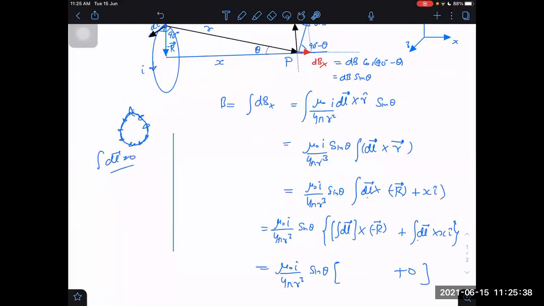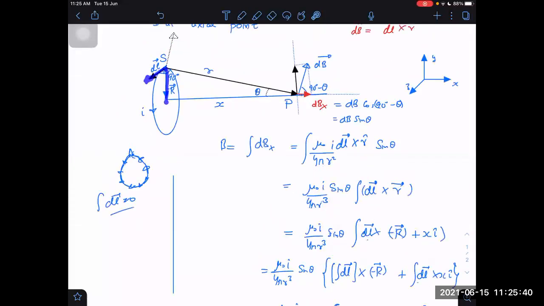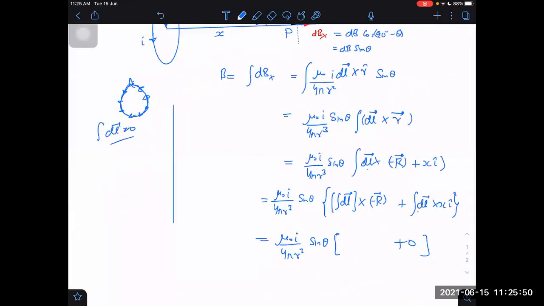Yes, sir. dl vector cross minus R, this is a 90-degree angle. If I take a turn from here to this side, it will be pointing along i cap only. So it is dl magnitude into R magnitude into i cap. It will be that integral.